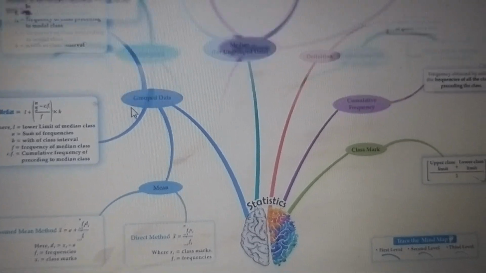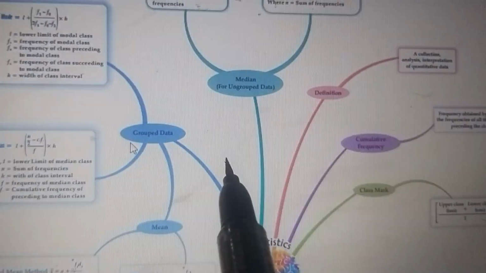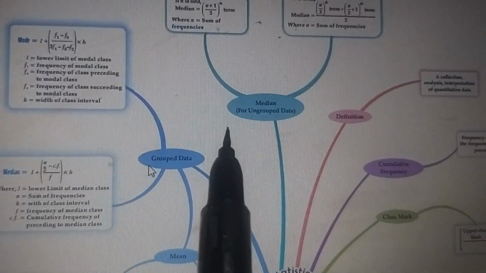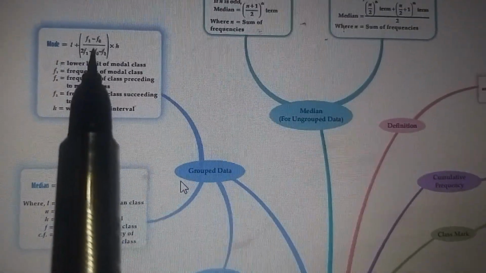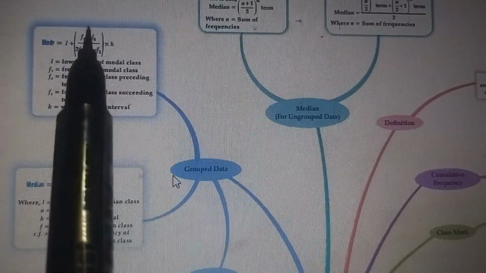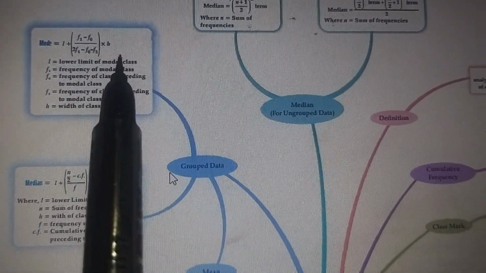Statistics, and next one is probability. In statistics, children, median, mean and mode are important, so these formulas are very important. Mode is l plus (f1 minus f0) by (2 f1 minus f0 minus f2) into h.